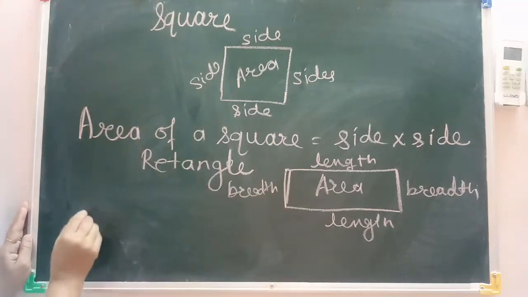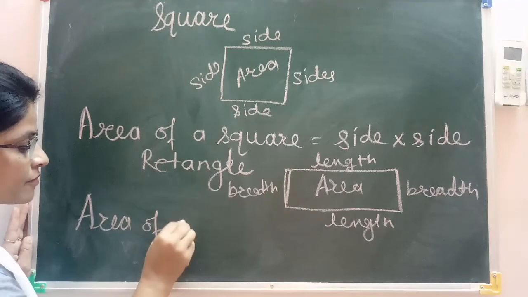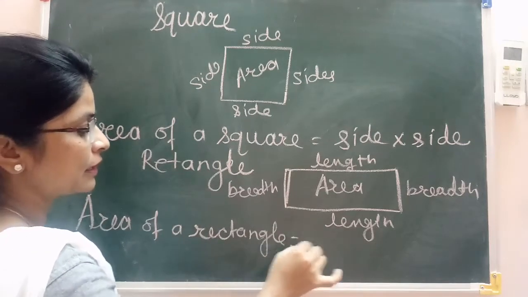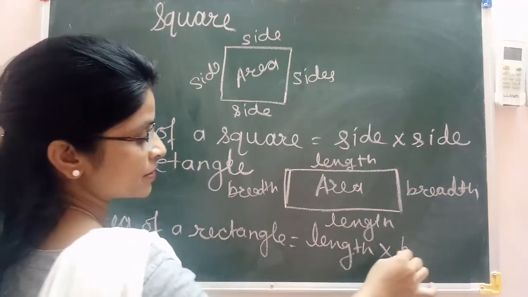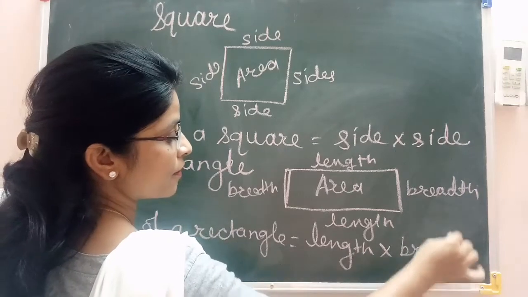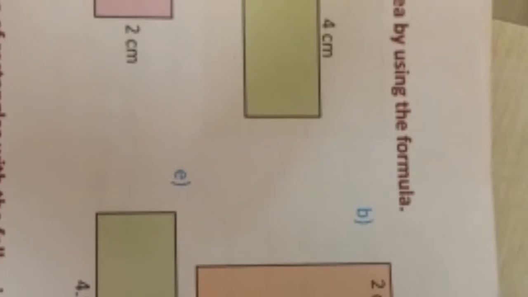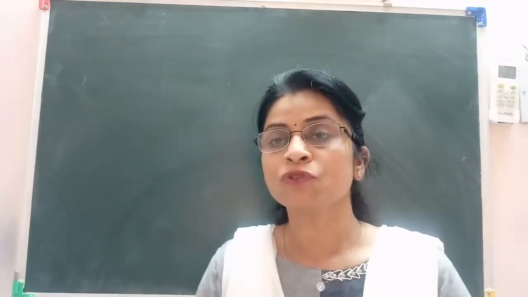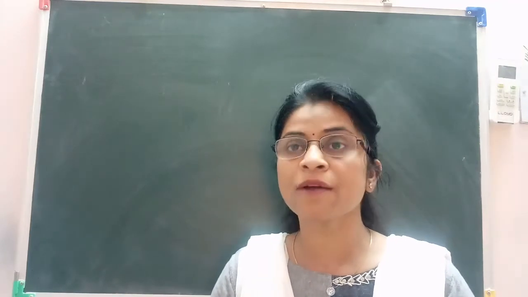To find the area of a rectangle, we use the formula length multiplied by breadth. Now we know the area formulas for the square and the rectangle.